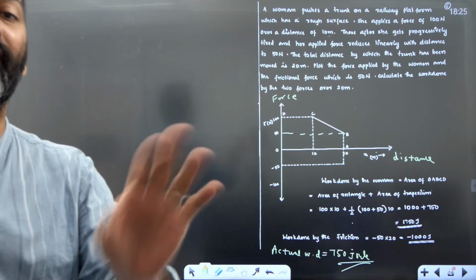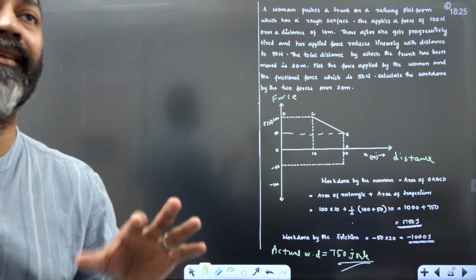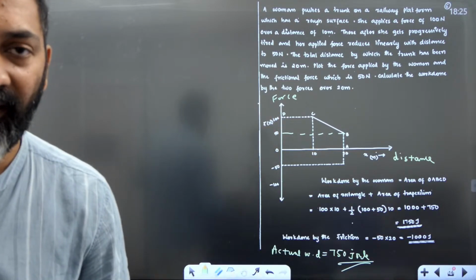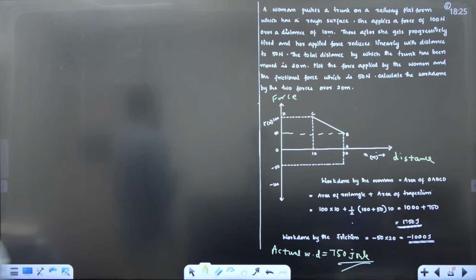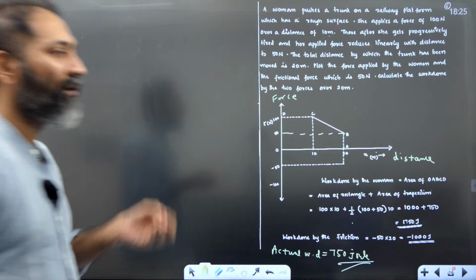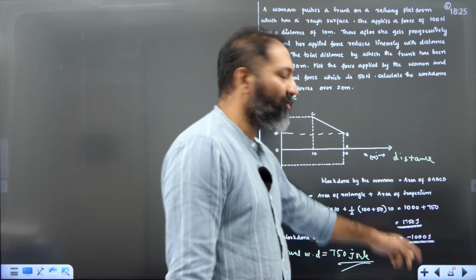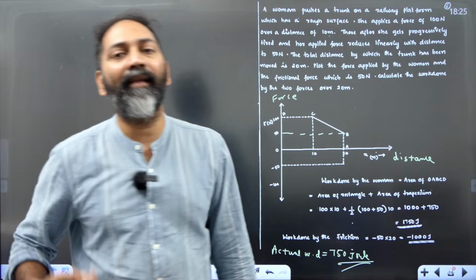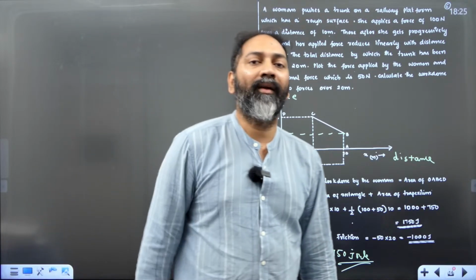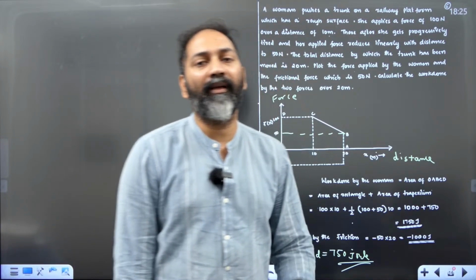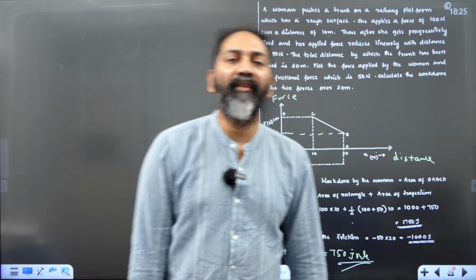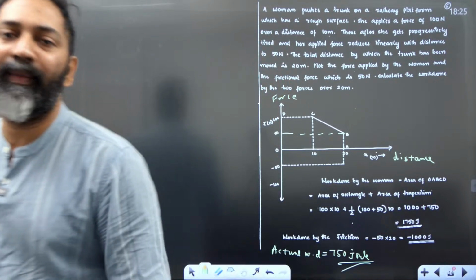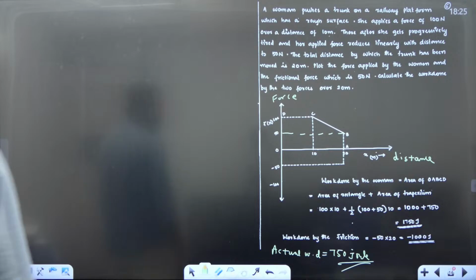That is the actual work done required to move the trunk if there is no friction. If there is no friction, only 750 joule is required. But since there is friction and it consumes a work done of 1000 joule, the woman is spending additional work. What is the work spent by the woman to move the trunk? 1750. Out of this 1750 joule, 1000 joule is spent to overcome the friction. Understood?